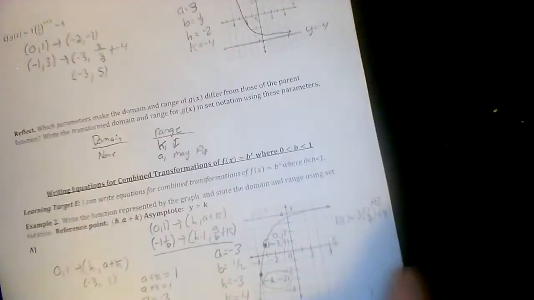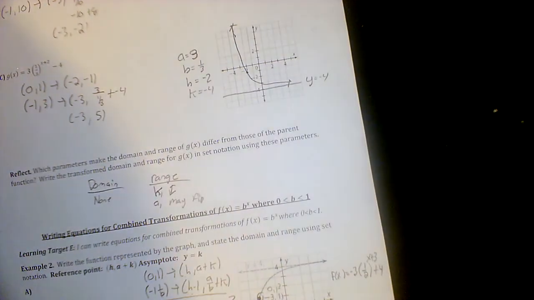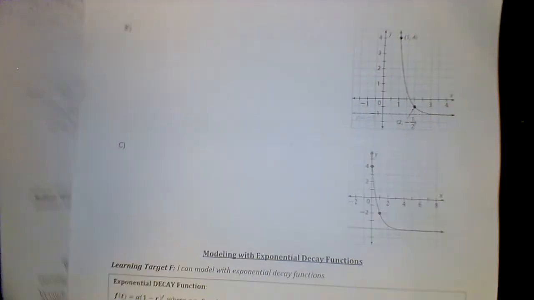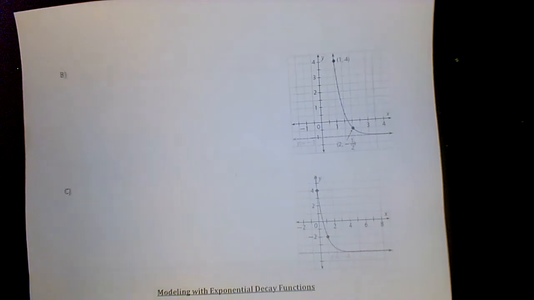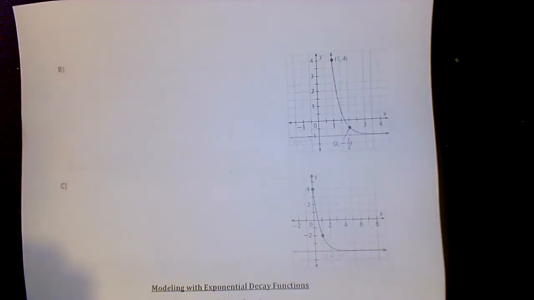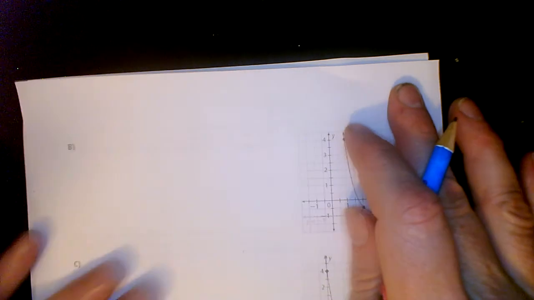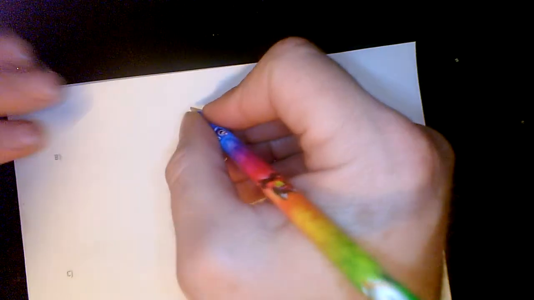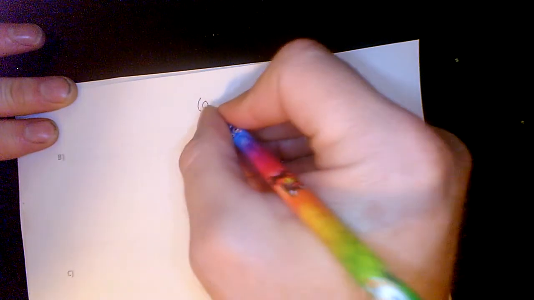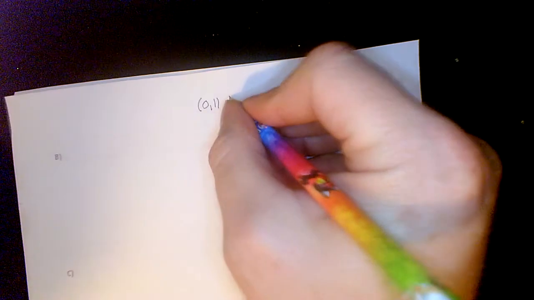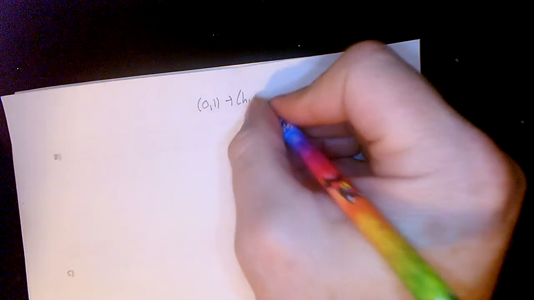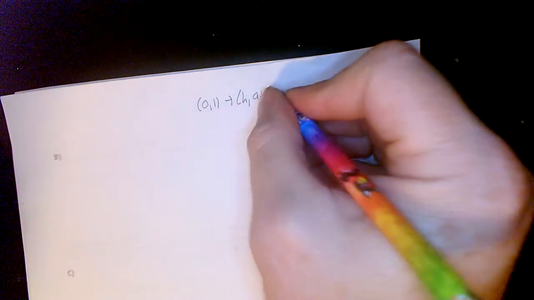Alright, let's find a blank next page. We'll do one more. It's right here. There you go. So let's write what we wrote on the last page. We got 2 rules, and we'll write them up here so we can remember them. It's a good thing to practice. That's why you have to practice, so this stuff gets stuck in your head. We got (0, 1), which changes into (H, A plus K).